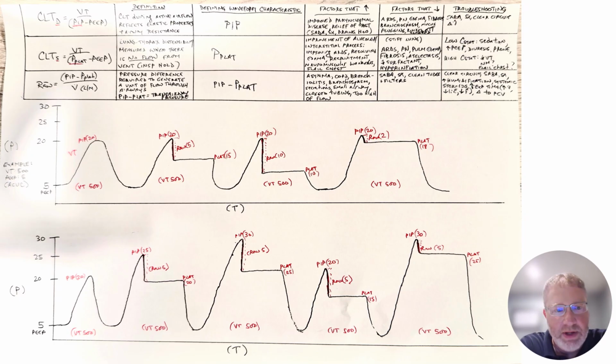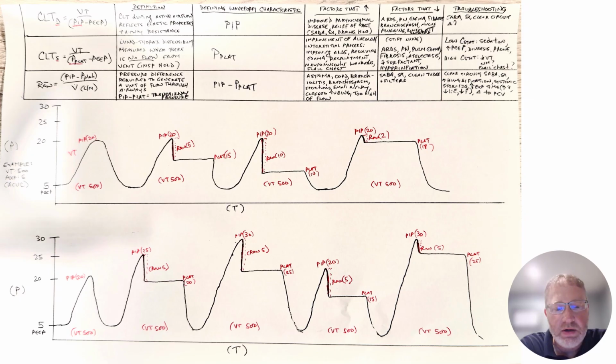So start with the top left. Dynamic compliance. Anytime we talk about compliance, we're talking about volume over pressure. Dynamic compliance is calculated or taken during active airflow from the vent, and that reflects the elastic properties and the airway's resistance.